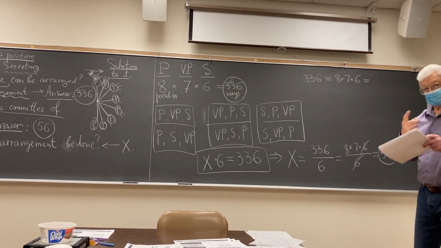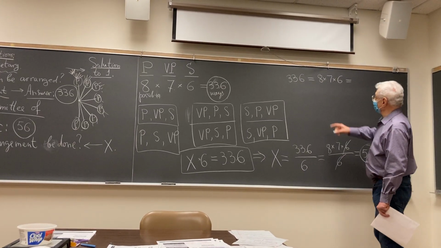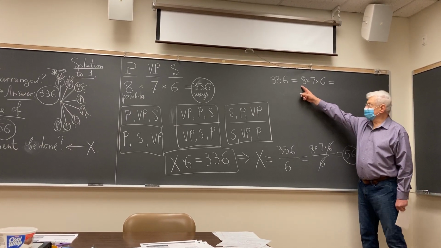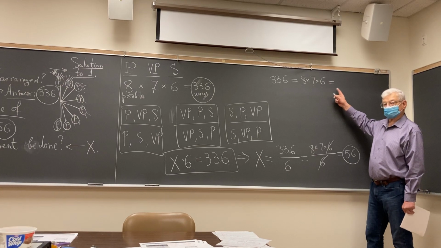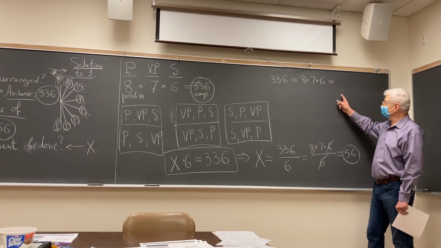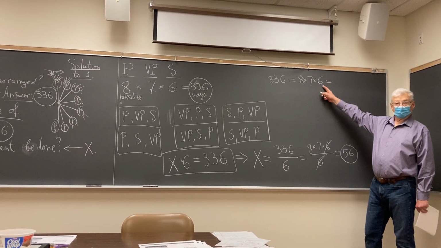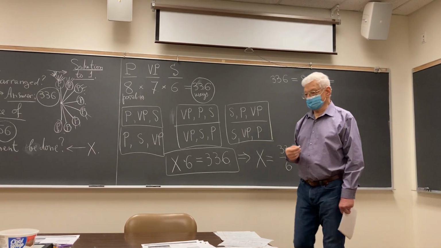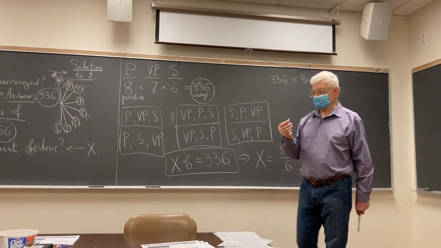We want to create factorial. How to create 8 factorial? We have to multiply 8, 7, 6, 5, 4, 3, 2, and 1, from 8 to 1. But there is no 5, 4, 3 to 1. We can artificially introduce this 5, 4, 3 to 1.